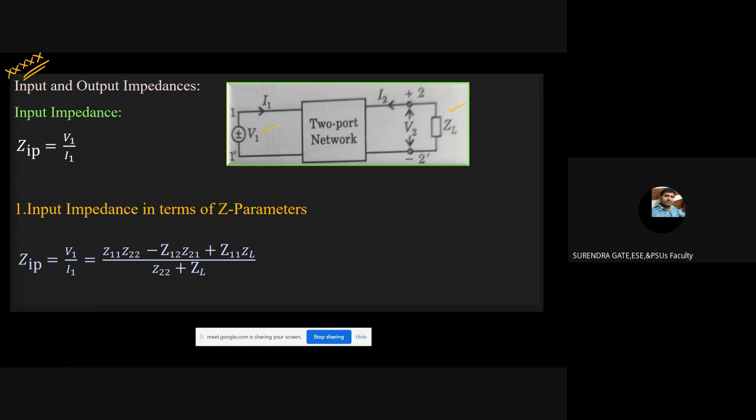Input voltage is V1, input current is I1, then V1 by I1. If you want to calculate this input impedance in terms of ABCD parameters or Z parameters, this formula you remember, direct formula. Or otherwise, we can solve some problems also. Without remembering this formula, directly how to solve the problem, later on I will explain. This is the input impedance in terms of Z parameters. By giving the Z parameters, if input impedance is asked, then use this formula.